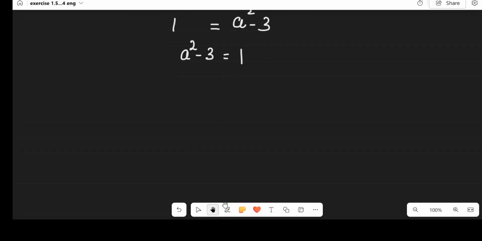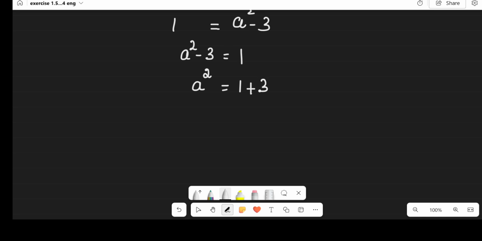And now I'm taking the number to the right side. A square will only be here, and this 1, minus 3 becomes plus 3. And the answer is a square equals 4.